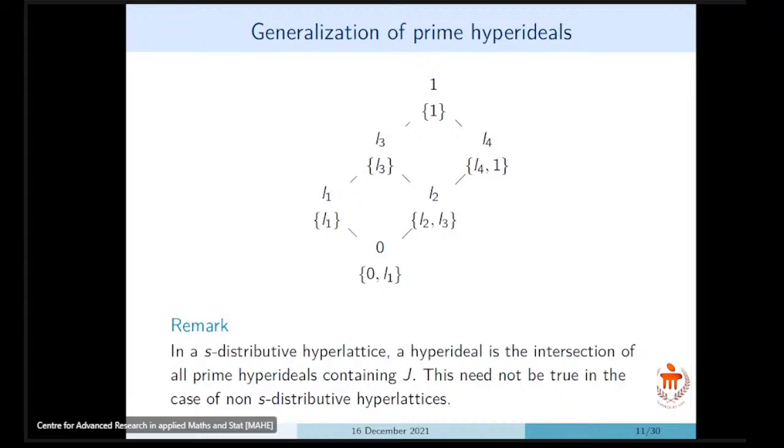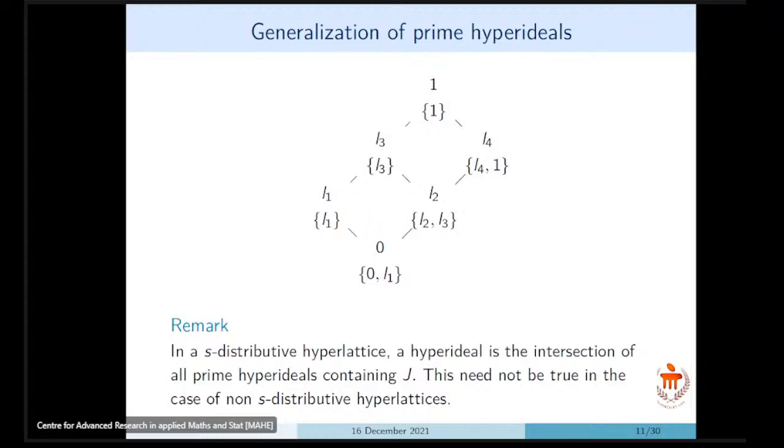So we will look above, as in the case of classical lattices, but this output will be the set containing L3. Similarly, the join of 0 and L2 will be the set {L2, L3}. So this representation will be convenient for us to understand the properties of hyperlattices better.